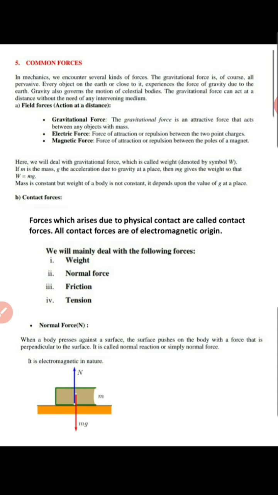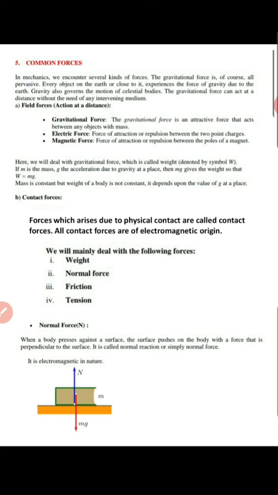What is normal force? As the diagram shows, when an object is kept on a surface, its weight is acting downward. On the table when the book is kept, that weight mg is experienced by the table due to the physical contact. That way we call this weight a contact force.